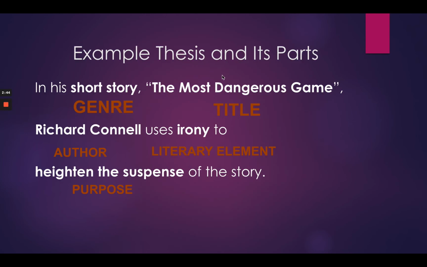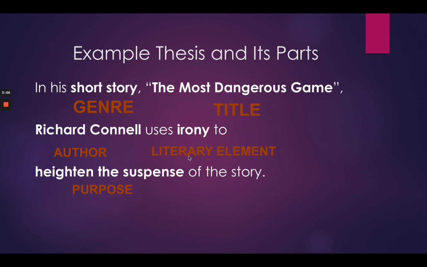As you can see, we've listed here what every part is. And this is essentially what it is that you are going to be working with today. So in his short story, which is our genre, The Most Dangerous Game, our title, Richard Connell, our author, uses irony, our literary element.